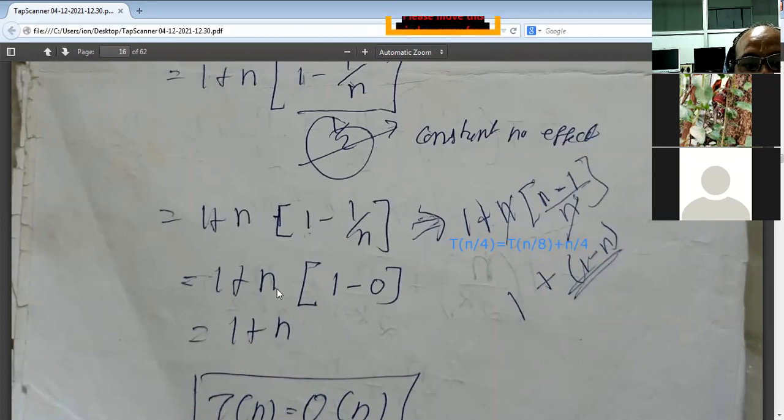And 1 is here, so 1 and minus 1 cancel. Now remaining is n, so now the complexity is n. Any problem in this? No sir. Because the dominating term is n, the bigger term. So the dominating term is n, so our complexity is O(n).